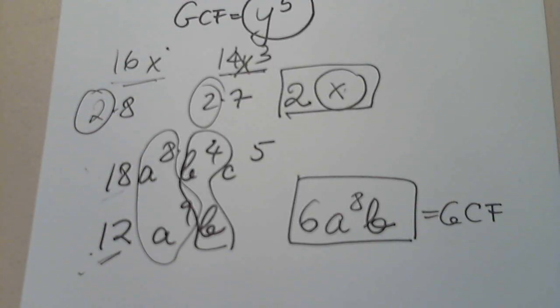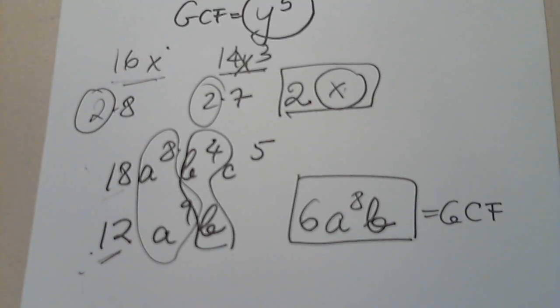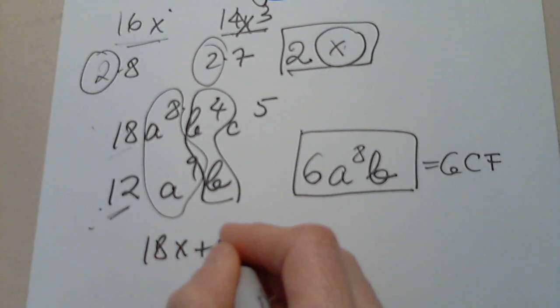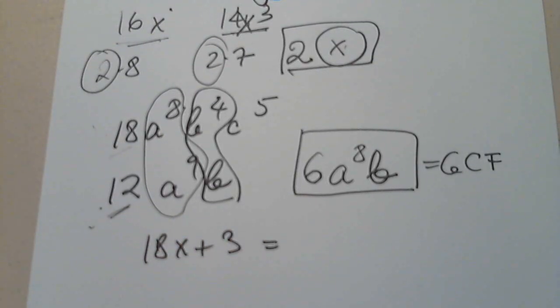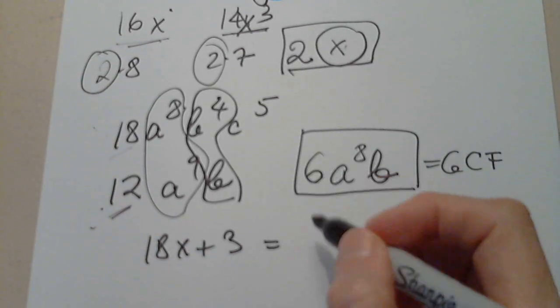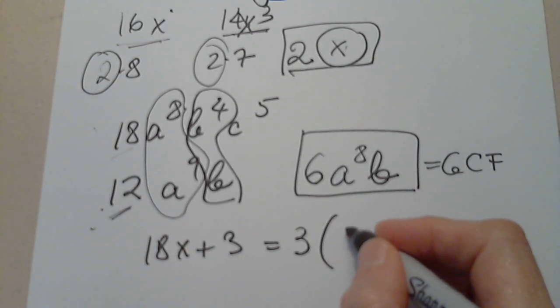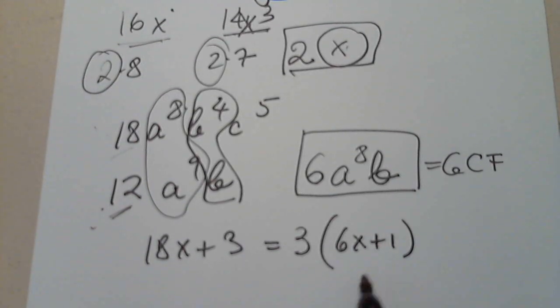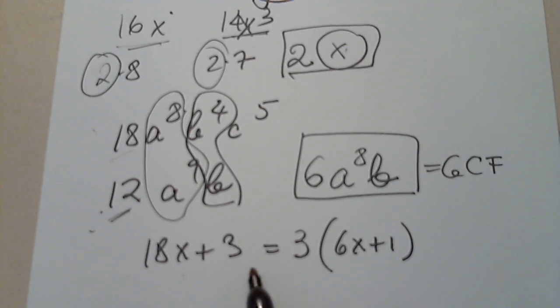Those with trial and error, you can work on those. So for example, let's work on this one. 18x plus 3. These two, 18 and 3, only have 3 in common, and there is nothing else. So this is 3 times (6x plus 1). Always remember, you have to be able to recover this. So 3 times 6x is 18x, 3 times 1 is 3.